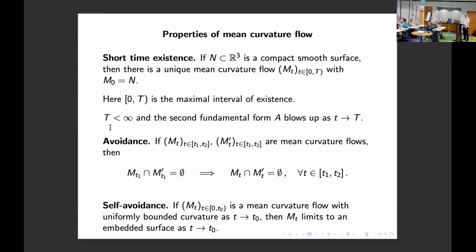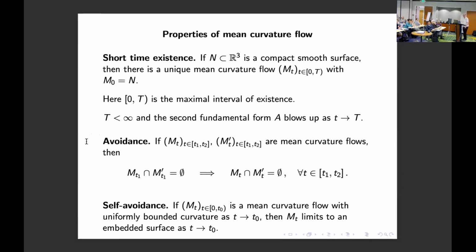And the assertion is that, in fact, this time capital T is finite, so the maximal solution is only defined on a finite time interval. And in fact, the second fundamental form, which I'll be denoting by A, blows up as you approach this time capital T. This is what we saw already in the case of the shrinking sphere, that shrinks down and the curvature blows up at the end of the maximal time interval.